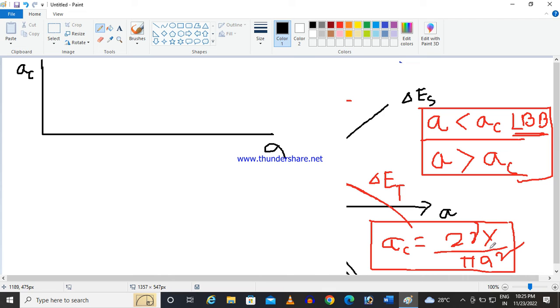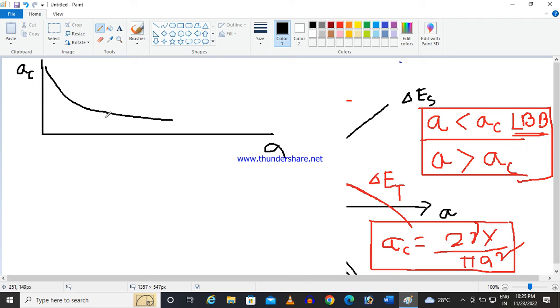Again, this 2 gamma, Young modulus, pi, all are constant. So it will come like a parabolic function. Okay, so it will be like this.